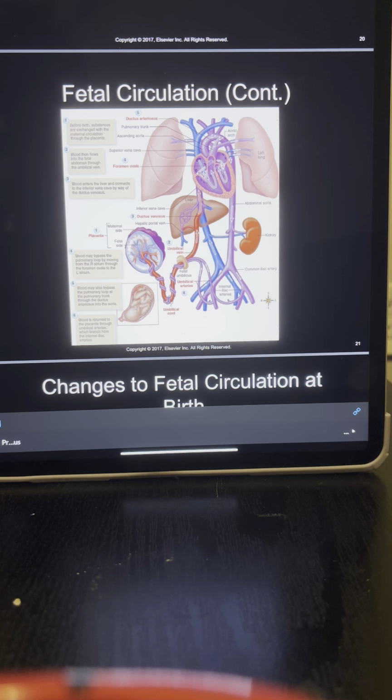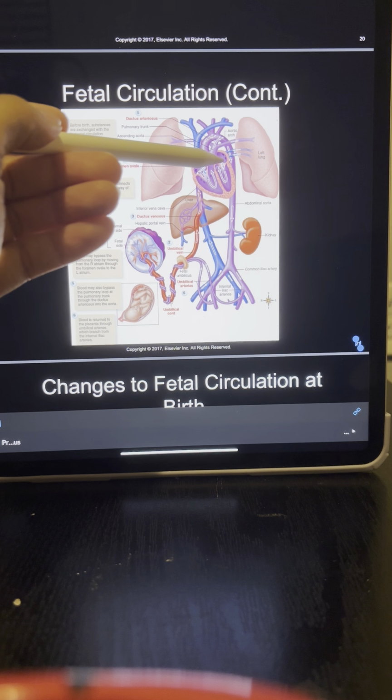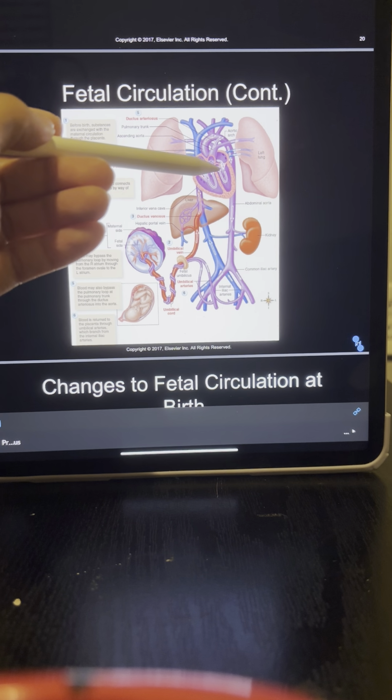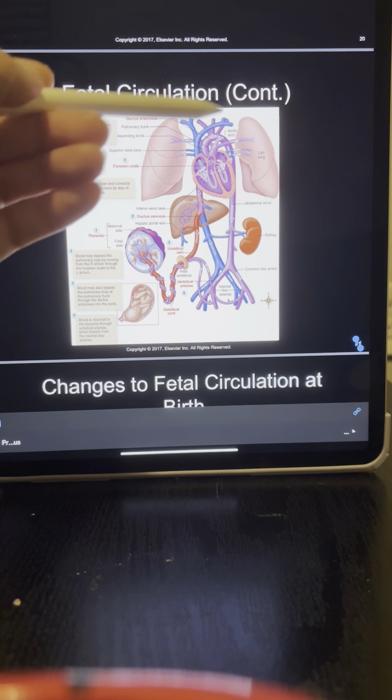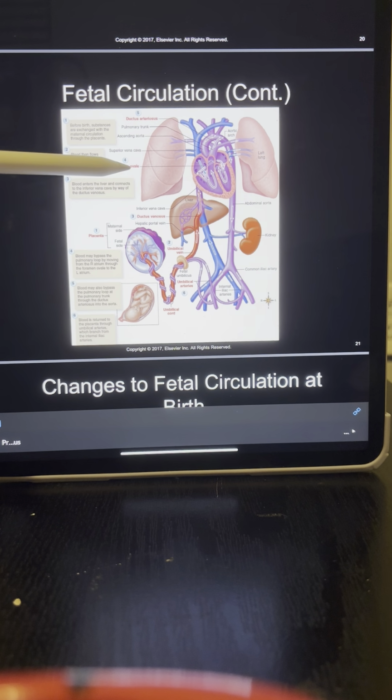Because the right ventricle doesn't need to pump so much blood to the lungs because it's not doing gas exchange, blood goes from the right atrium straight into the left atrium, into the left ventricle, and up. And so blood mixes. Because it doesn't need to pump all that blood to the lungs, it shunts the blood from the right atrium to the left atrium through your foramen ovale.